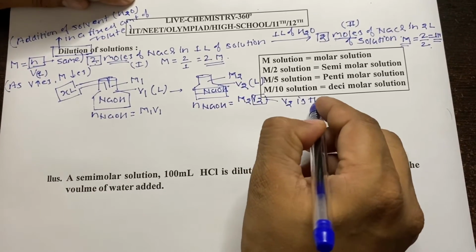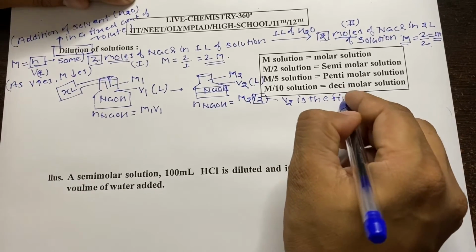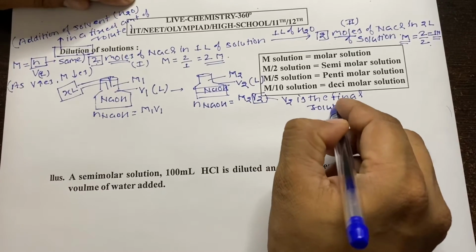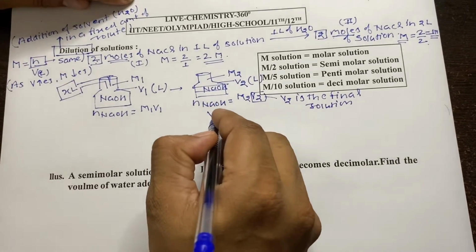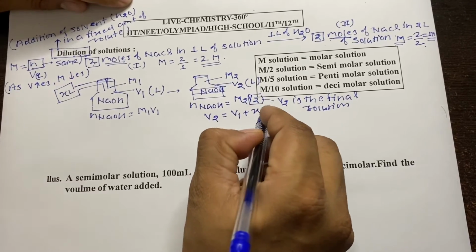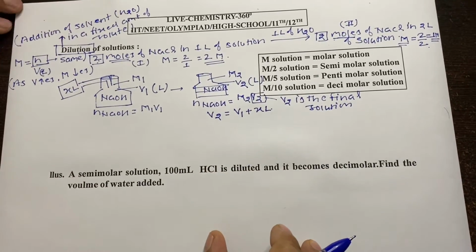V2 is the final volume of the solution, which contains the water. So simply V2 equals the initial volume plus the volume of water added.